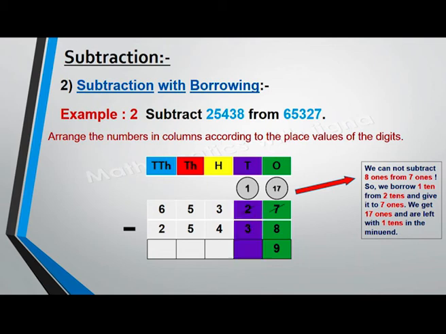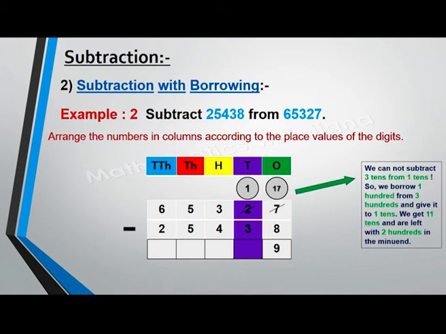Now subtract the tens. We cannot subtract 3 tens from 1 ten. So we borrow 1 hundred from 3 hundreds and give it to 1 ten. We'll get 11 tens and are left with 2 hundreds in the minuend, and write 8 at the tens column. Now subtract the hundreds.